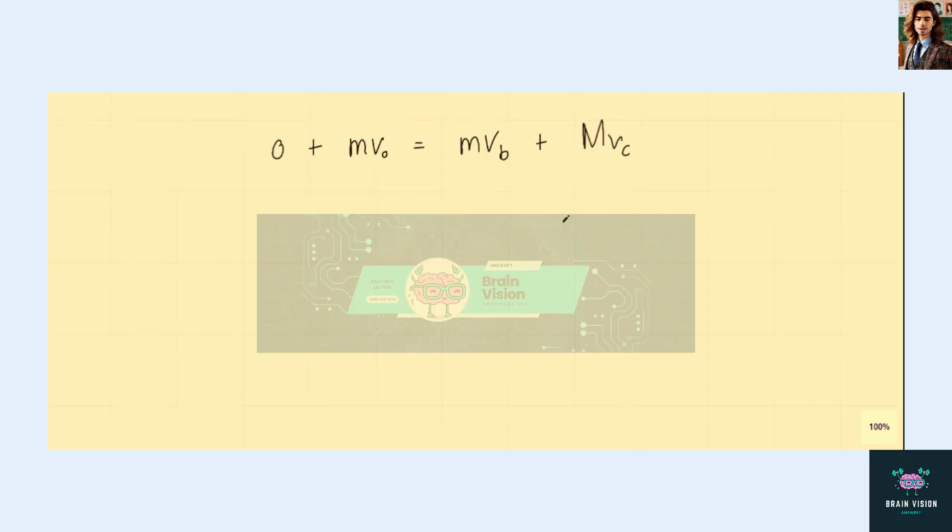Essentially we have too many unknowns in this problem. So the next thing we will do is apply the coefficient of restitution, again taking the horizontal components to the left as positive. The coefficient of restitution, e, is equal to vc minus vb, the difference between the velocities, or the relative velocity after the collision, over the initial velocity v0.